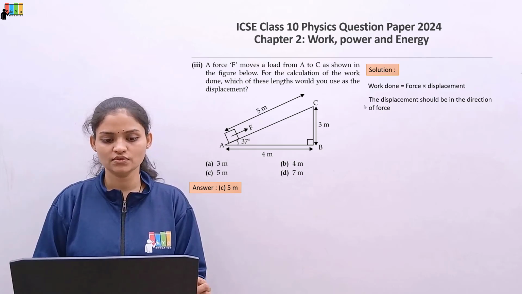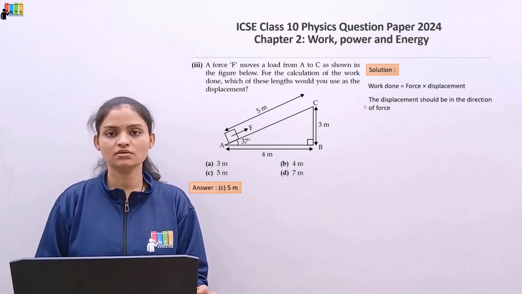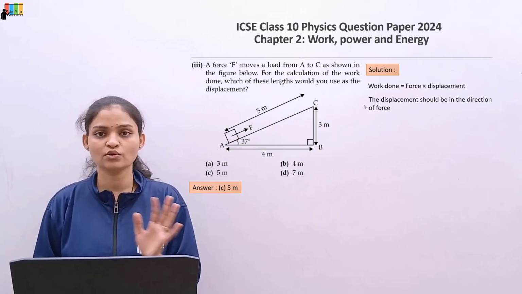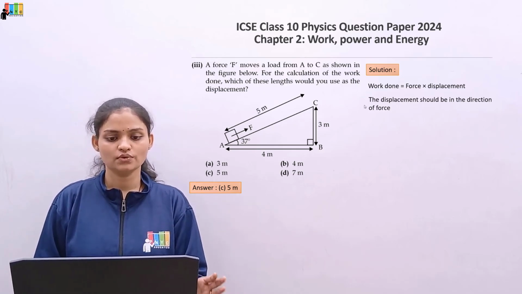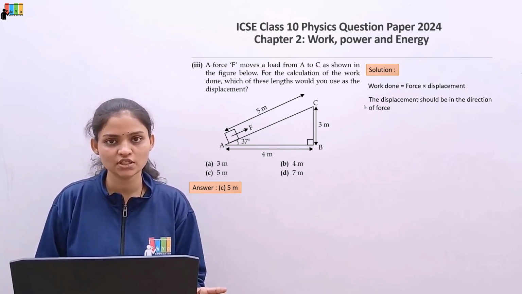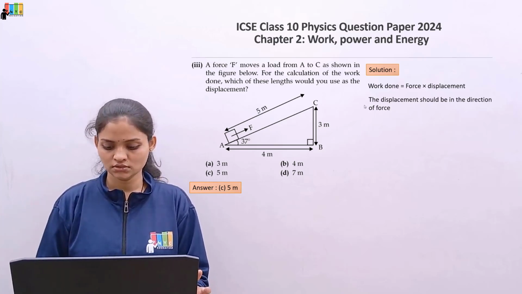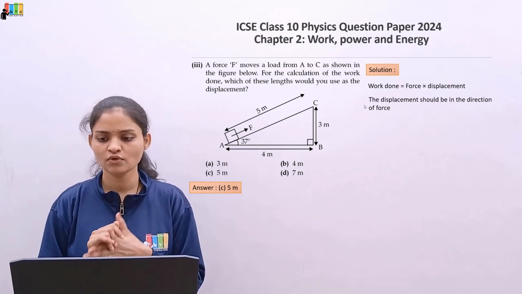Obviously, if you observe the figure, the direction of the displacement and the direction of force must be the same. So we will use 5 meter, because to get the work done, the displacement should be in the direction of force.